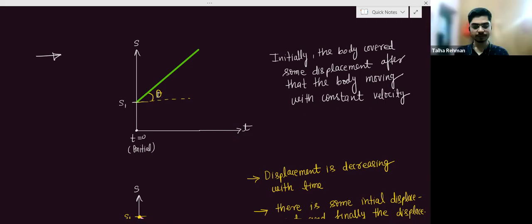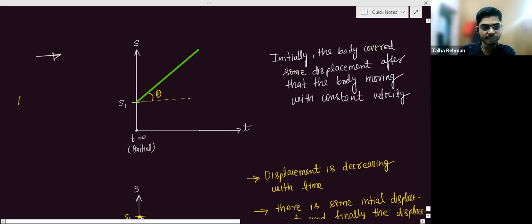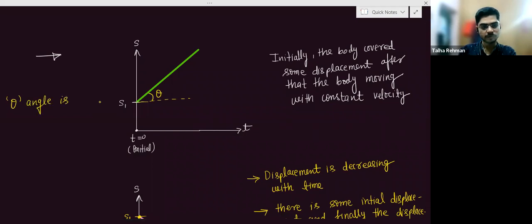Less than 90, yes. Very good. Theta is less than 90. So I can write like this: theta angle is less than 90 degree.